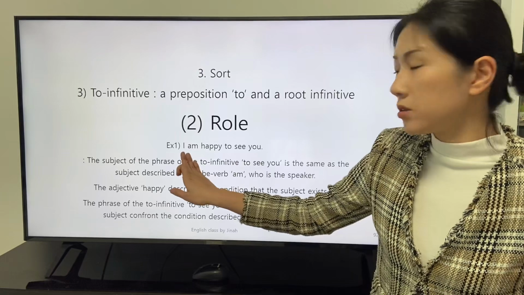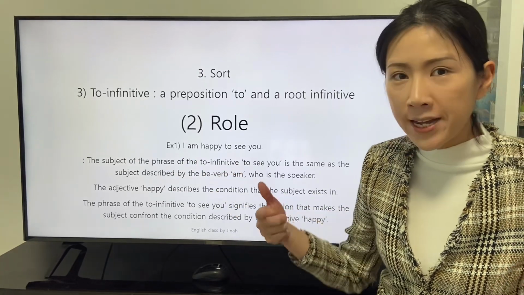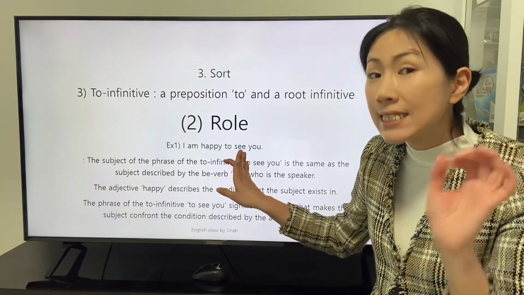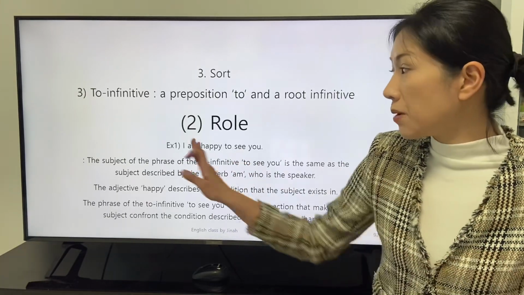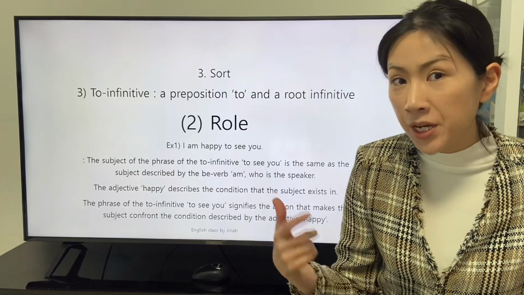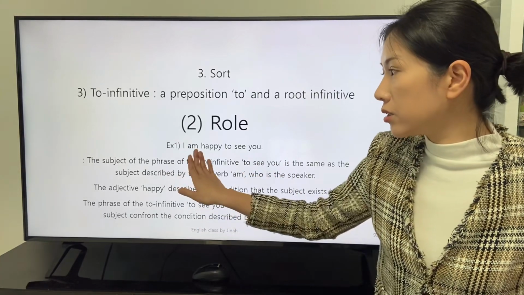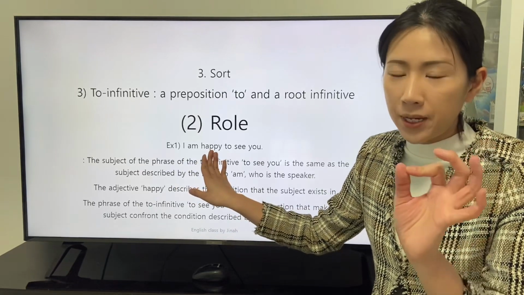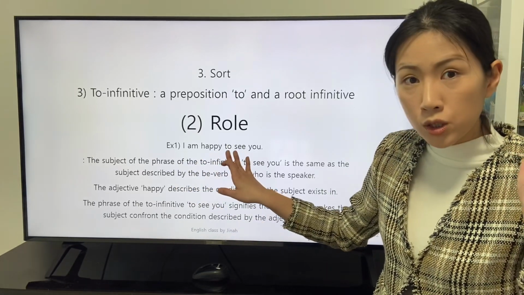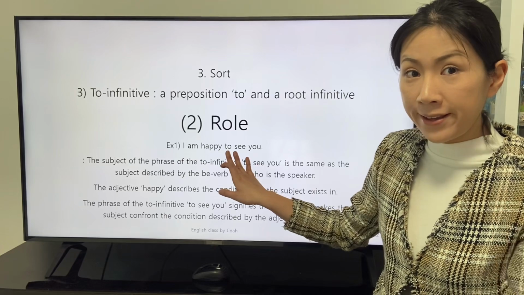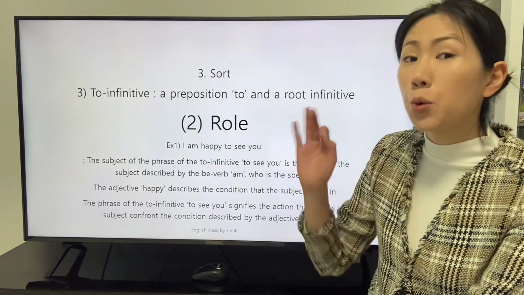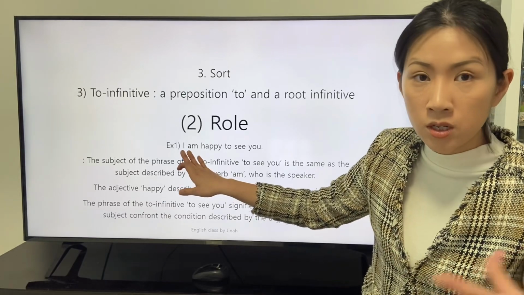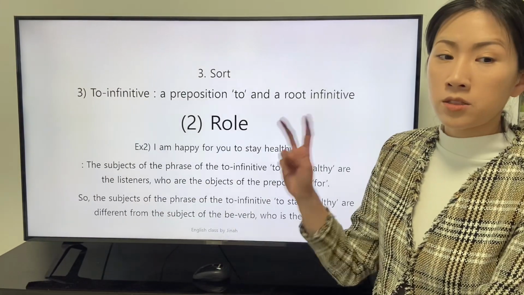Before the speaker actualizes the action indicated by the root infinitive see, the subject would not be in the condition described by the be-verb am and the adjective happy. So the phrase of the to-infinitive to see you describes the reason why the speaker is in the specific condition in this clause. There is the second clause.